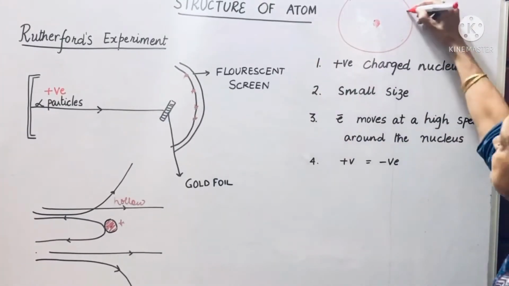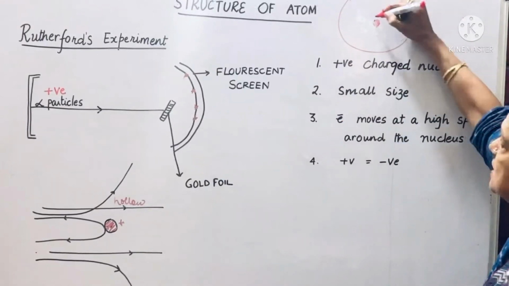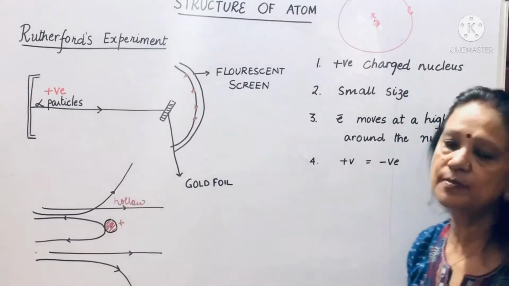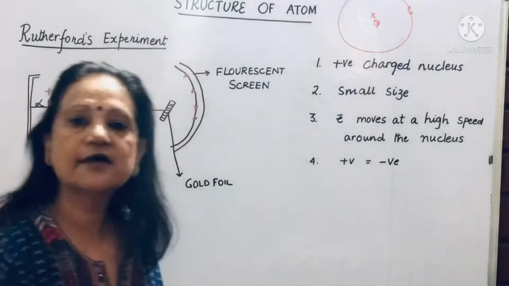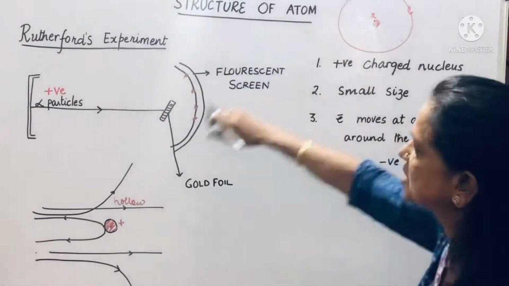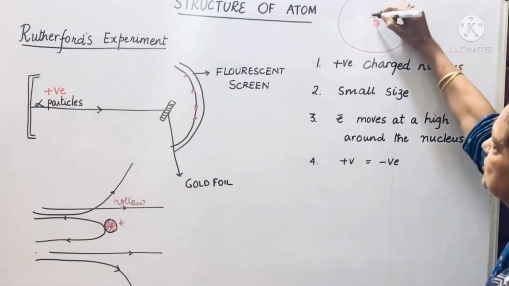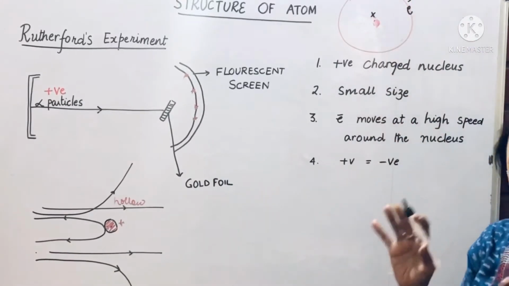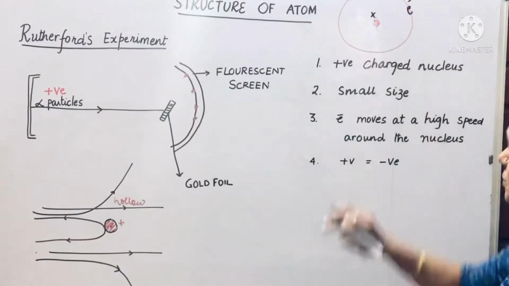Next, he said that the electrons were revolving around the nucleus because, if this is positively charged and the atom is a neutral particle, it must have something negative in it as well. So there was an equal and opposite negative charge, making the atom a neutral particle. Now the electron was revolving around the nucleus.